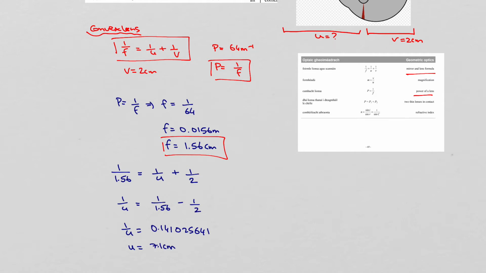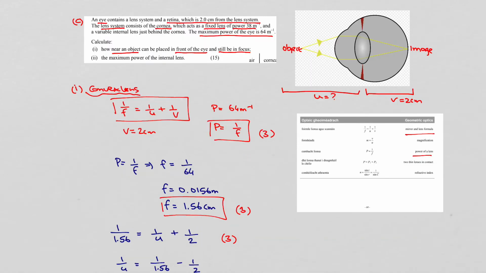So in other words, the closest we can get with keeping an object in focus on the back of our retina is 7.1 centimetres in front of the eye. So there was 12 marks going for that. So we had 3 for our formula, 3 for working out what f was, again 3 for subbing correctly into our formula, and 3 for getting u. And of course minus 1 if we have no units.